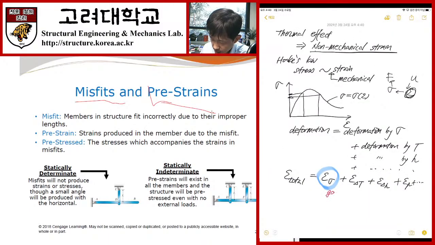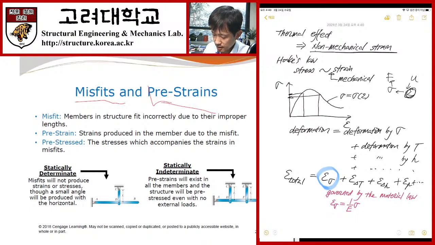This is governed by the material law. So in this chapter, or in this class, my material law is what? The strain caused by stress is proportional to stress, and the proportional coefficient is 1 over elastic modulus.